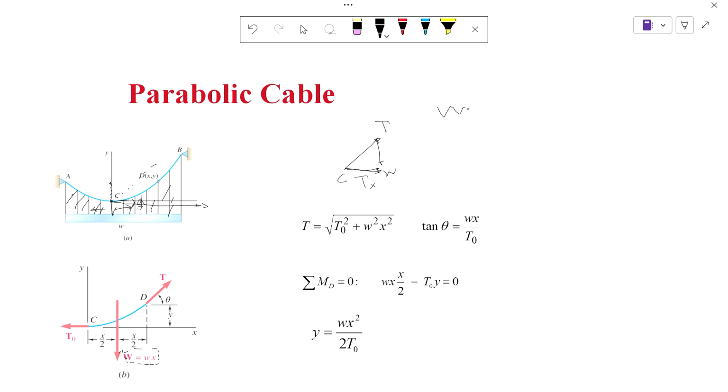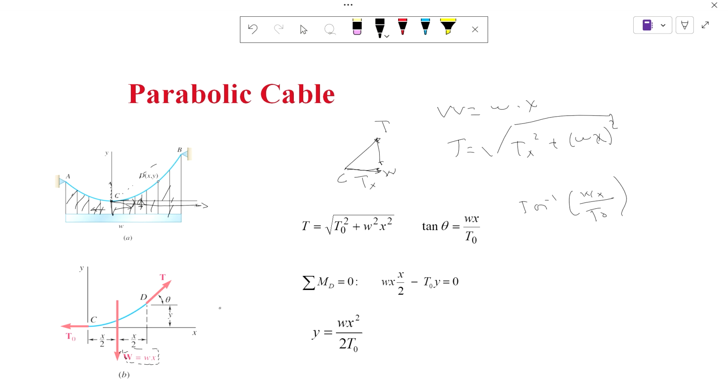W is really small w times X. So the tension is the square root of the contribution in X squared plus W squared. So that's W squared times X squared. You find the angle as we mentioned before with tangent inverse of W divided by the X contribution, so Wx, which is Y, and this is X.